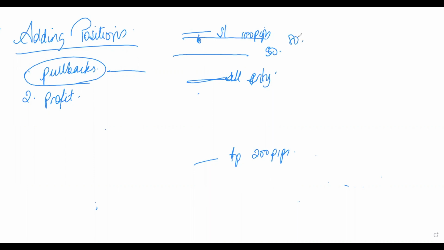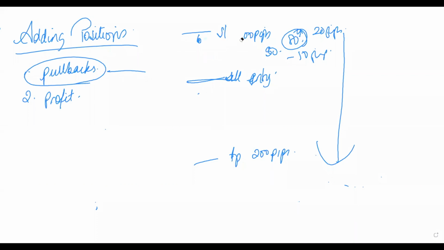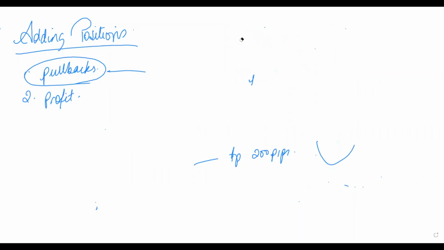What that does is it gives you a 20 pip stop on this entry or a 50 pip stop on this entry, and you are going toward the target. So those are a few ways of adding on the pullbacks.